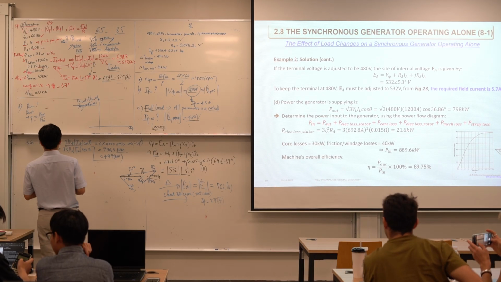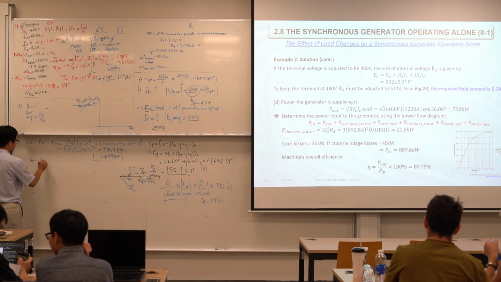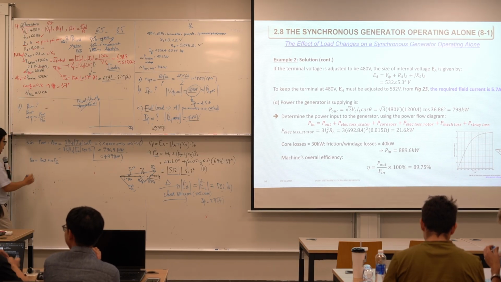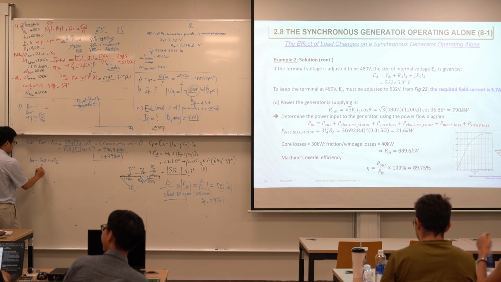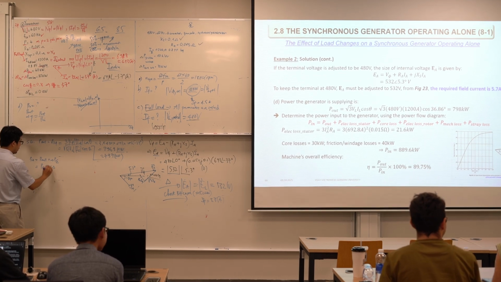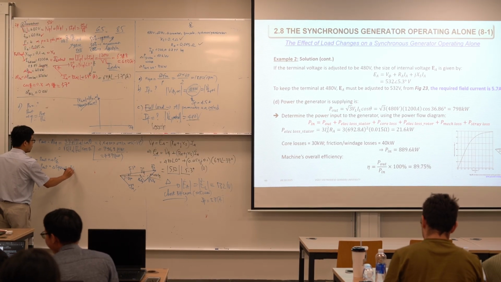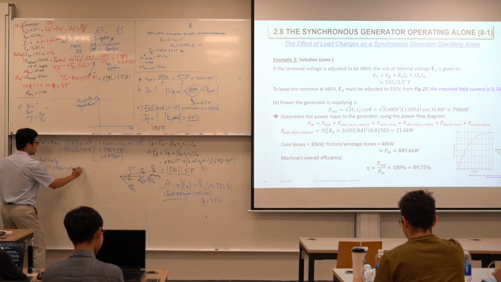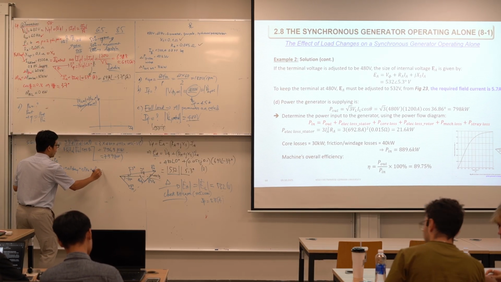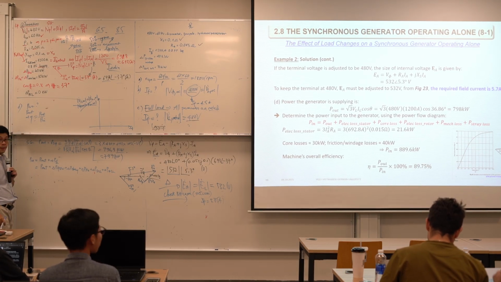Okay, so now we calculate P in. So P in is P out plus delta P total, right? And we have P out, and delta P total means we have what? We have delta P friction and wind, delta P stray, plus delta P Fe, plus delta P SCL, plus delta P RCL, right?